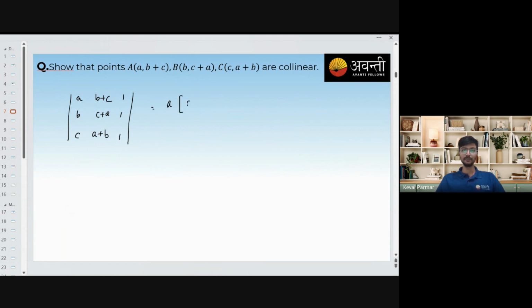I'll get A into C plus A minus B minus B plus C into B minus C plus 1 into AB plus B square minus AC minus C square. So here A and A will get cancelled.